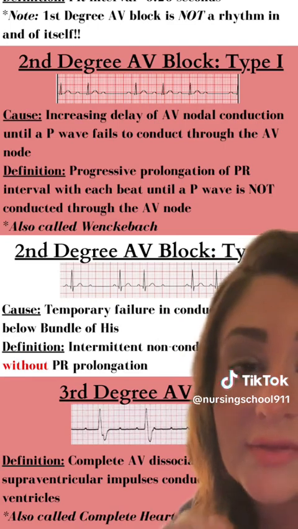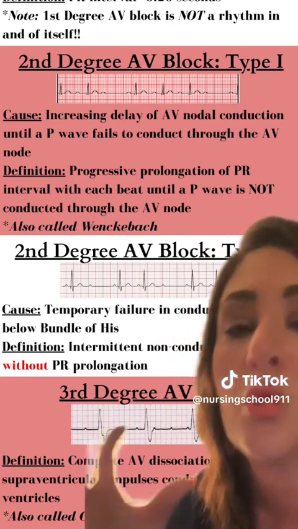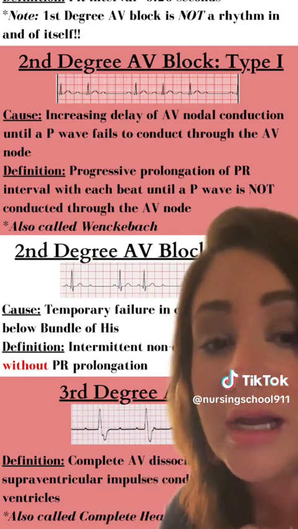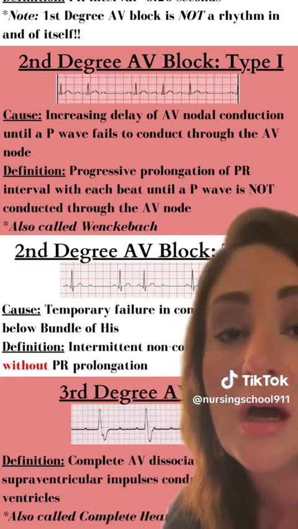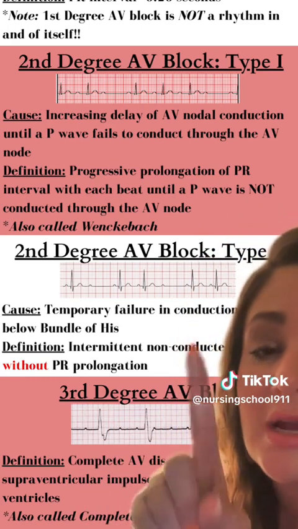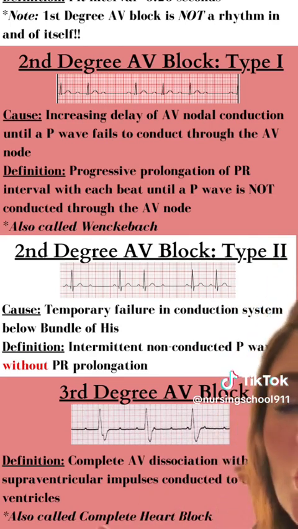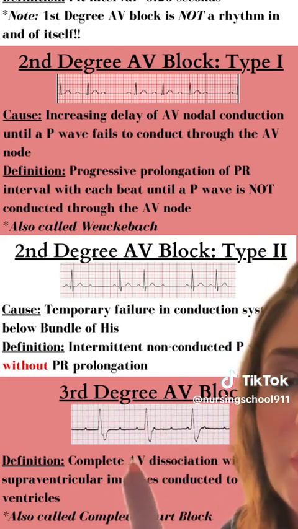We're going to be getting out that atropine. We're going to be worried about the patient's blood pressure. We're even going to maybe prepare to transcutaneously pace the patient if the atropine does not work. So second degree type 2, we're getting concerned. We're getting very concerned with a third degree down here at the bottom.